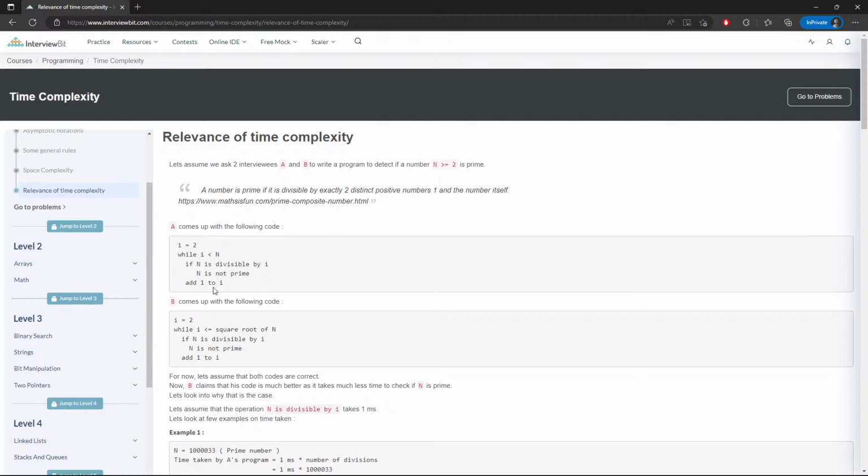A comes up with the following code: while I less than n, if n divisible by I, n is not a prime, add 1 to I. And the second: while I less than square root of n, if n divisible by I, n is not a prime, add 1 to I. Which is faster? Obviously, the second one will be faster, because the first one is going n times and this one is going only square root of n times.